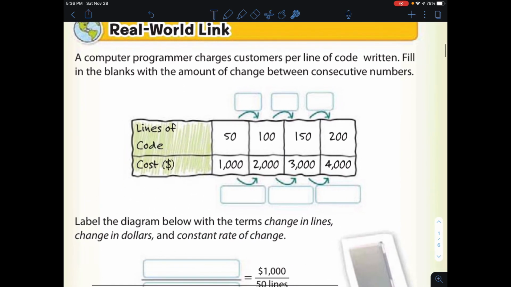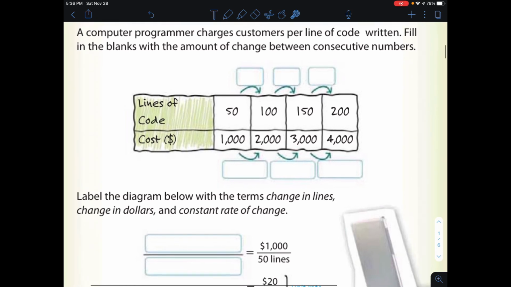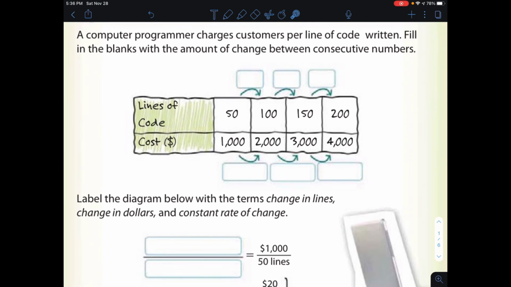Let's take a look at this example, real world link. A computer programmer charges customers per line of code. So every single time a programmer writes one line of code, there is a charge. Fill in the blanks with the amount of change between the consecutive numbers. So let's analyze this. From 50 to 100 right here, there is a change of plus 50.